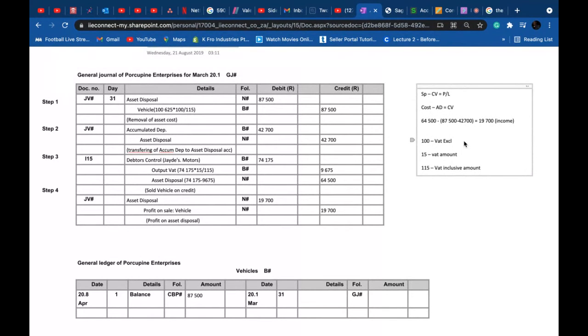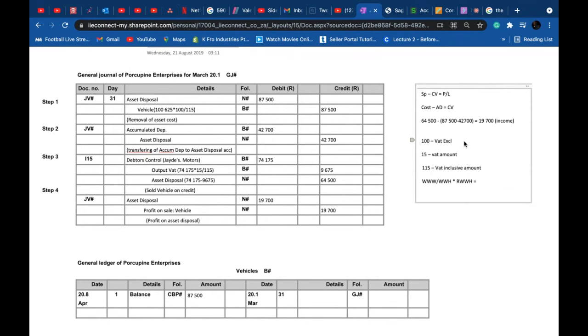Remember, so why did I apply that formula? It's just simple proportion: what we want, divided by what we have, times what we have, a random amount. And that will give us whatever we're looking for.